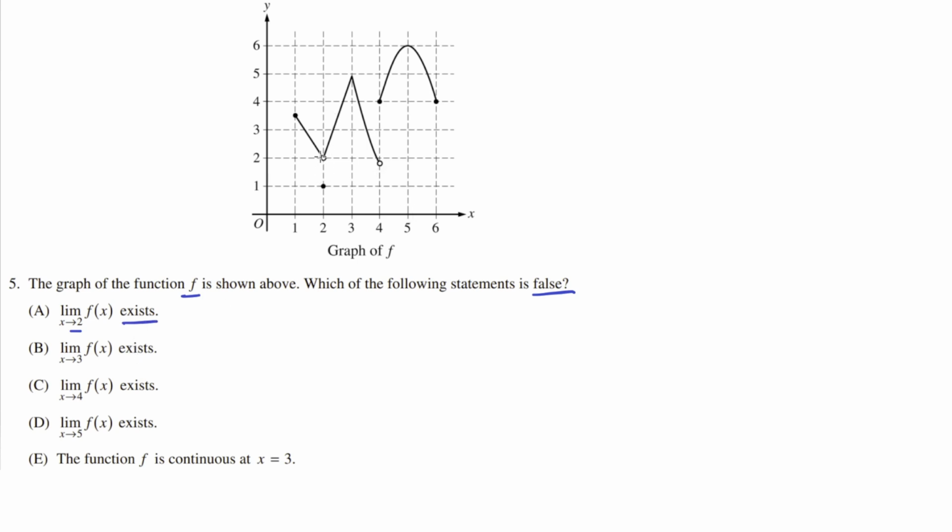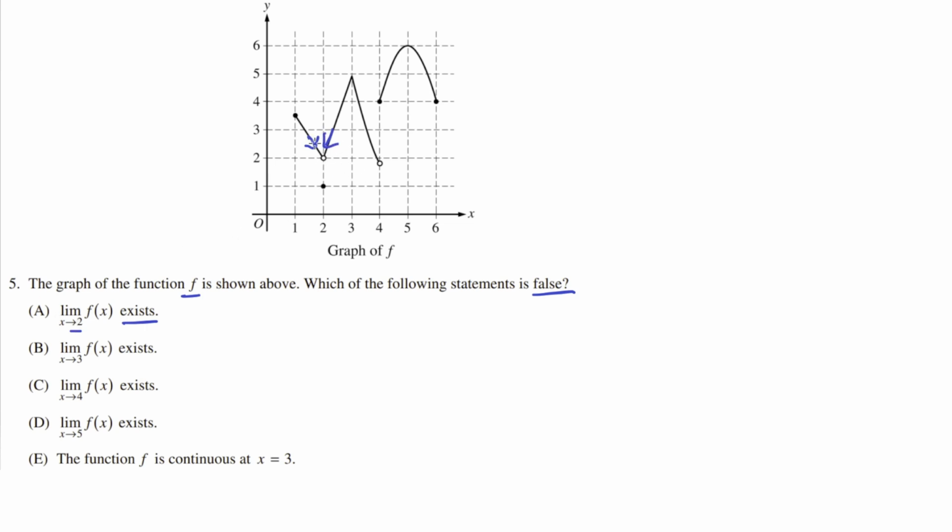So if we look at the graph at 2, we see that the limit from both sides does exist. In order to determine whether a limit exists, we just need to look at the graph to the left and to the right of the point of interest.